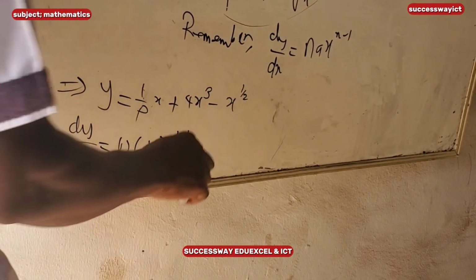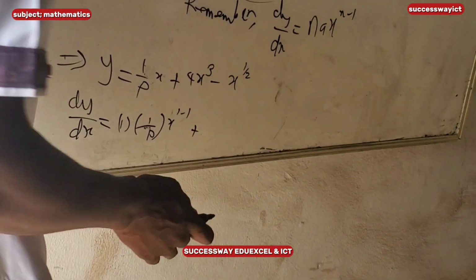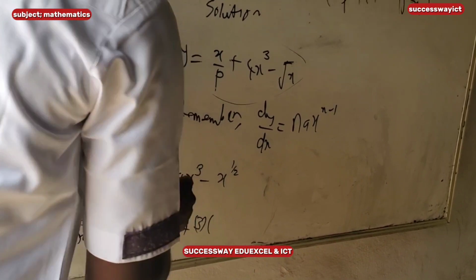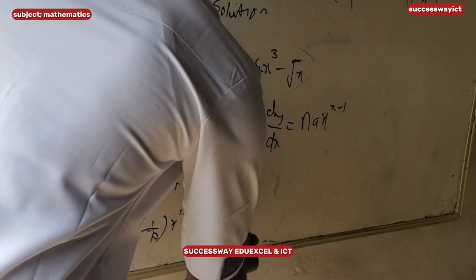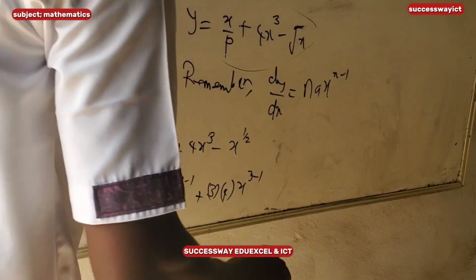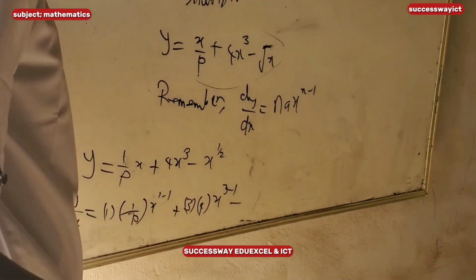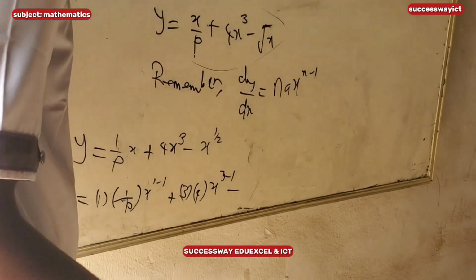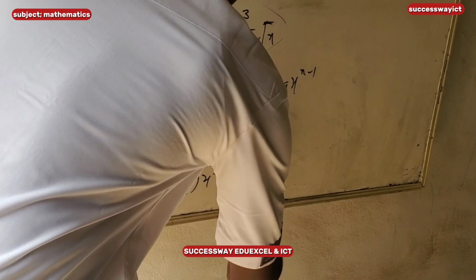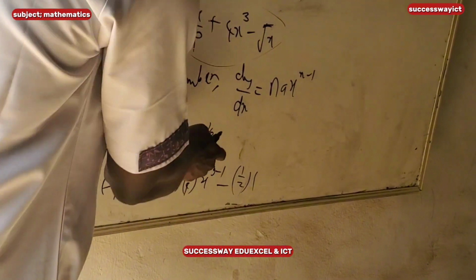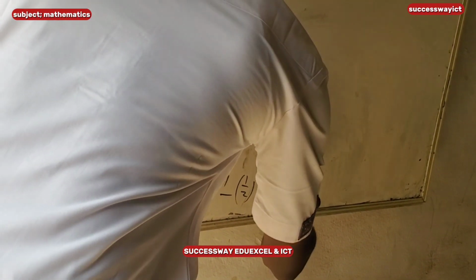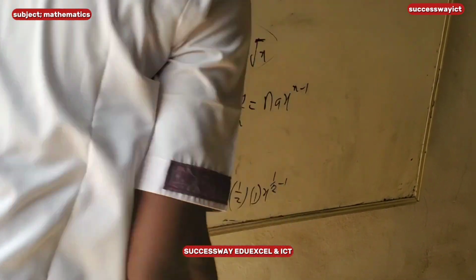Are we together? Plus, your n here is 3. You have 3 multiplied by 4, multiplied by x to the power 3 minus 1. Minus, your n here is 1 over 2. You have 1 over 2 multiplied by 1, multiplied by x raised to the power 1 over 2 minus 1.